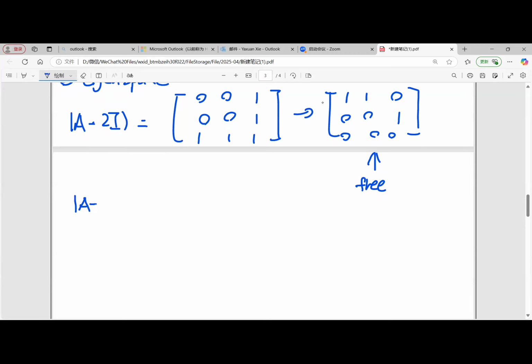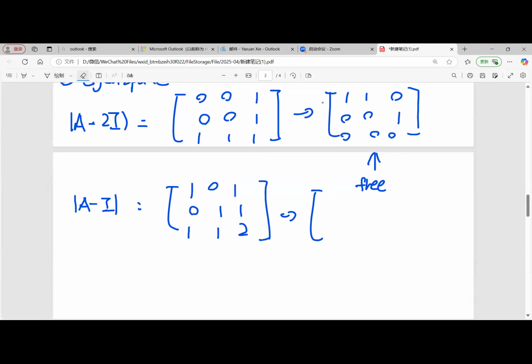And then for A minus I, we'll get 1, 1, 0, 1, 0, 1, 1, and 0, 0, 0.